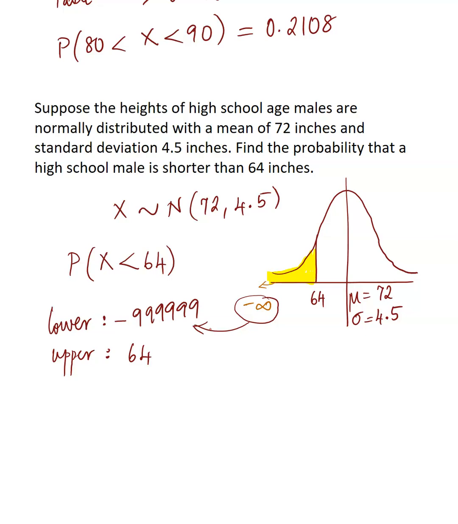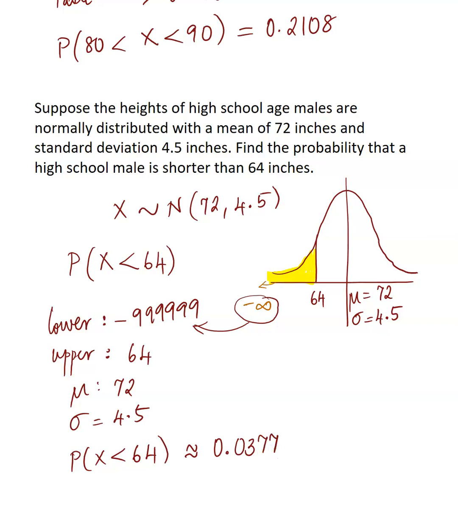So we've got the upper limit to be 64, and then your mean will be 72, and sigma is 4.5. Enter that, hit paste, and your answer comes out to be probability of x less than 64 is 0.0377.